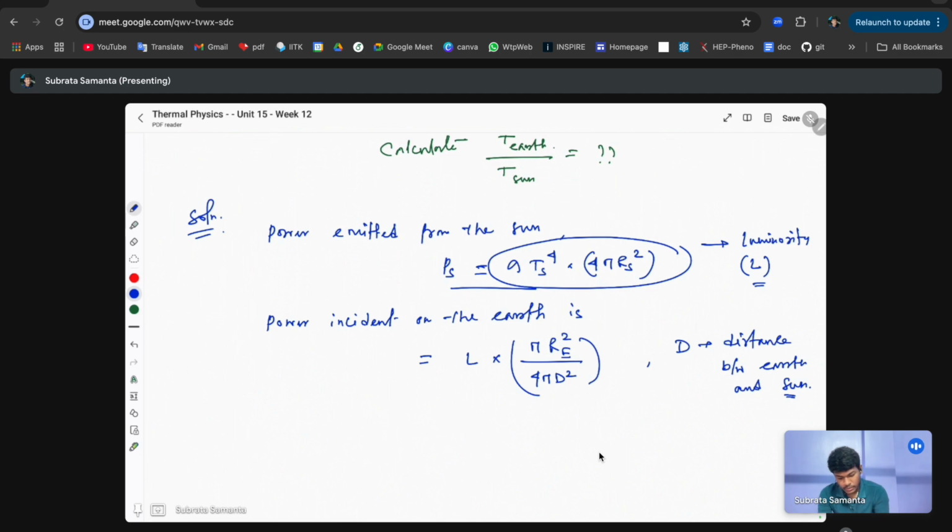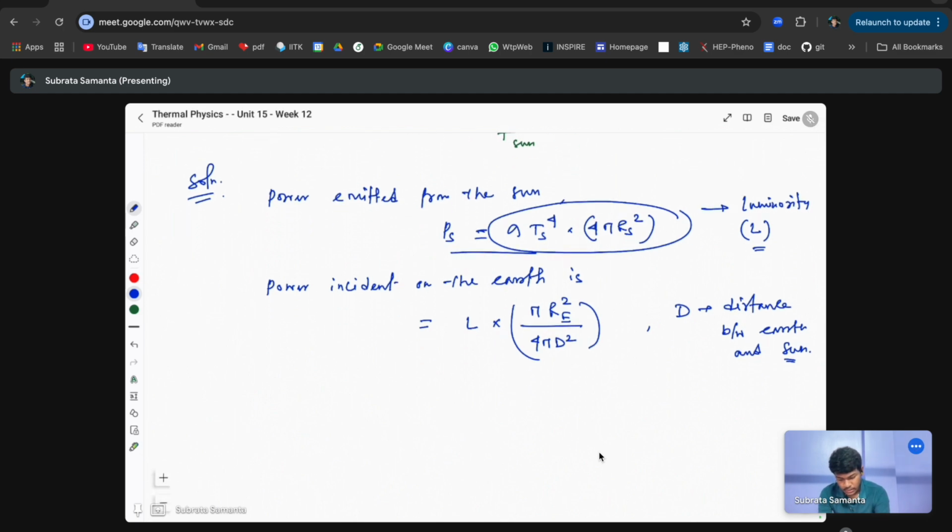So if we draw a picture, think of it this way.